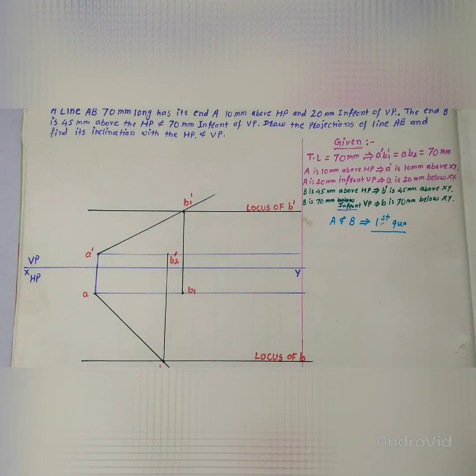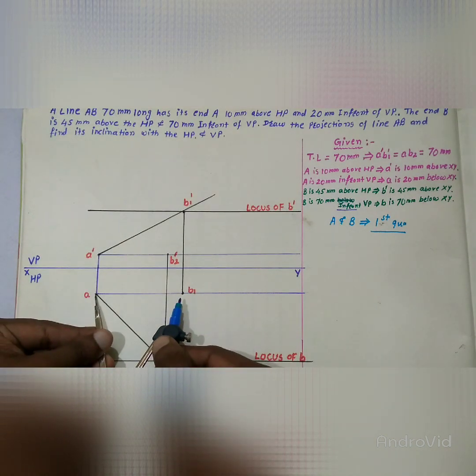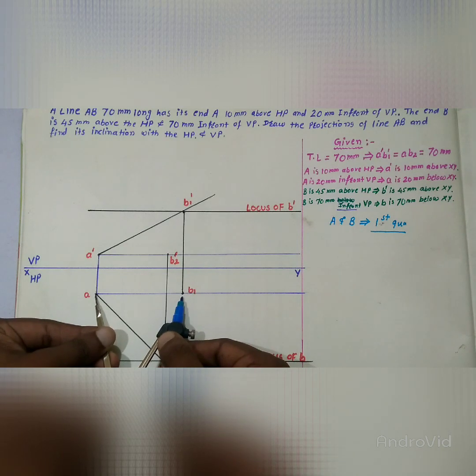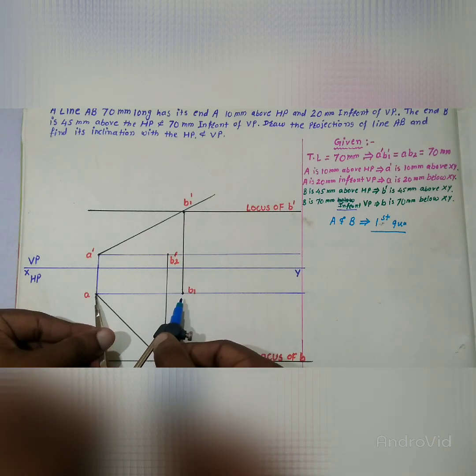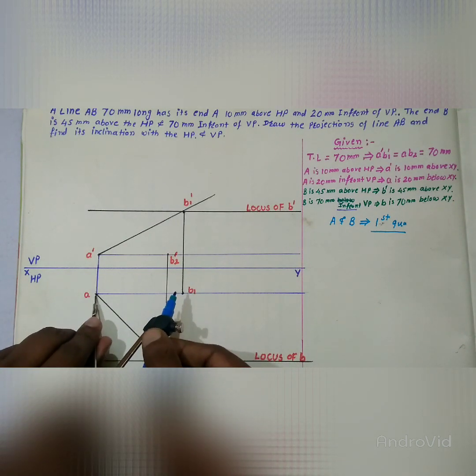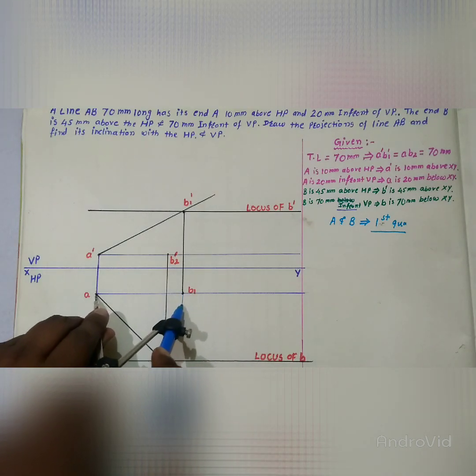Now we take the distance A and B1 dash as a radius, and with center A we draw one arc.